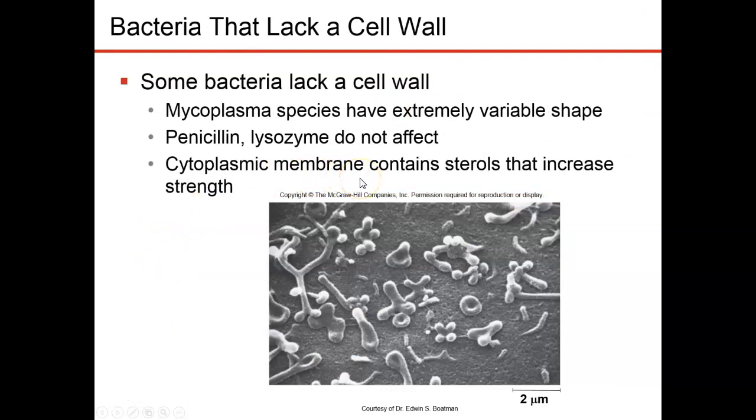So there are some bacteria that lack a cell wall. So I told you that in general, we assume all bacteria have a cell wall, but just like everything, there's always the exception to the rule. And so in this case, mycoplasma are our exception. Mycoplasma lack the cell wall.